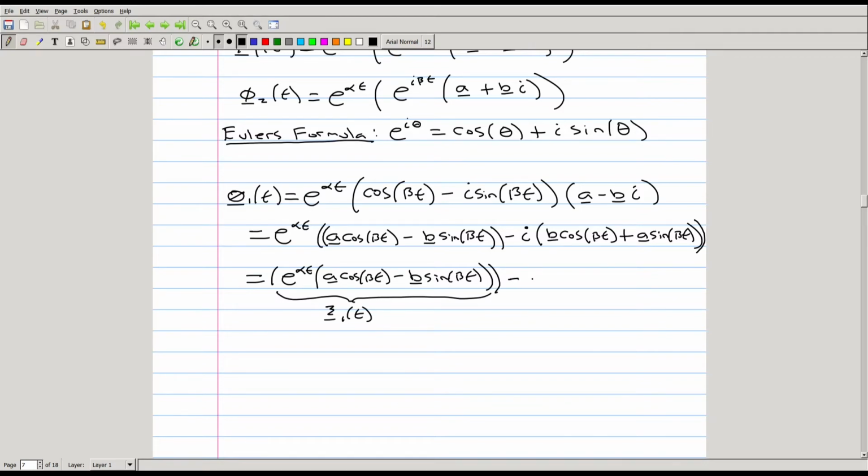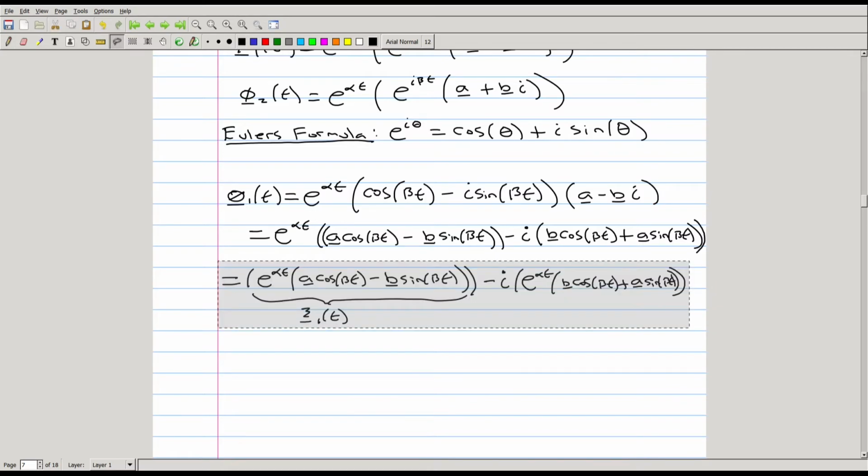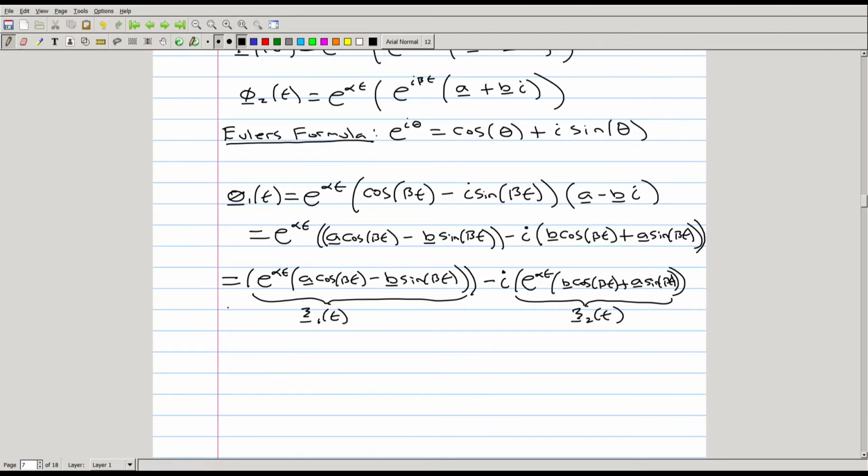And we have minus I times e to the alpha t times b cosine of beta t plus a sine of beta t, which we will call xi2 of t. This entire thing right here is xi2 of t.